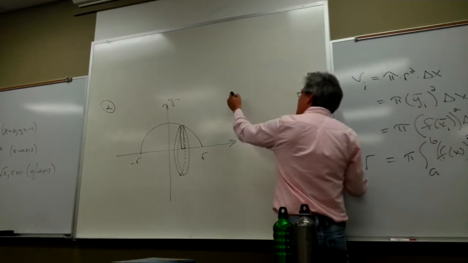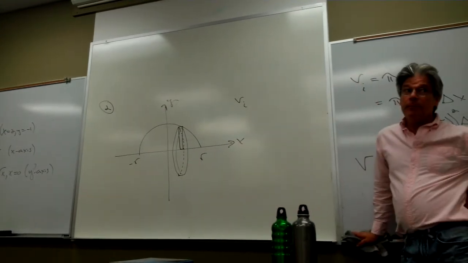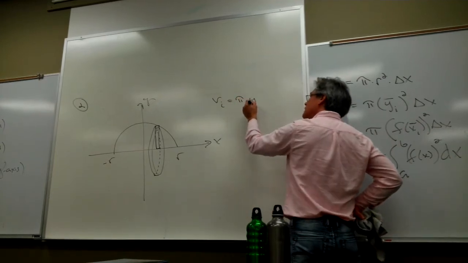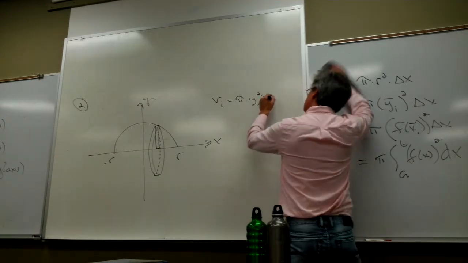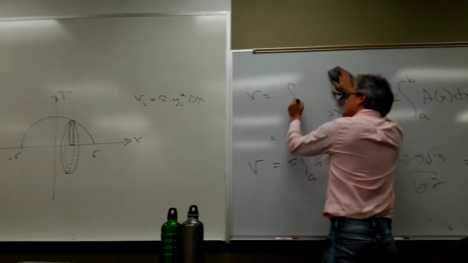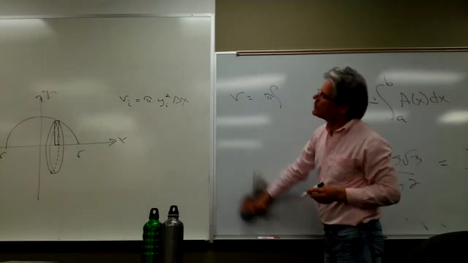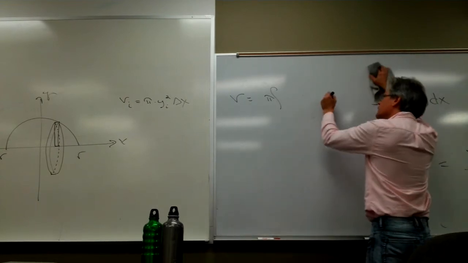The volume of that little disk can be computed the same way. It's nothing more than pi times the radius squared, and I'm going to integrate with respect to x. In terms of a definite integral, that looks like the integral of pi times my y sub i. Oh shoot, I don't have it, because I need everything in terms of x.